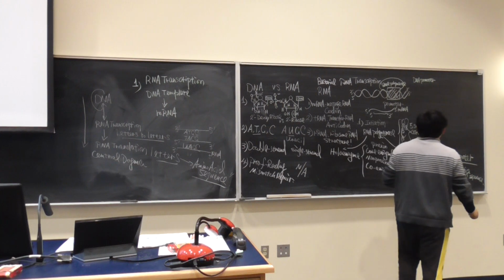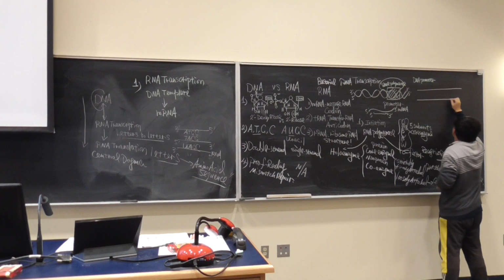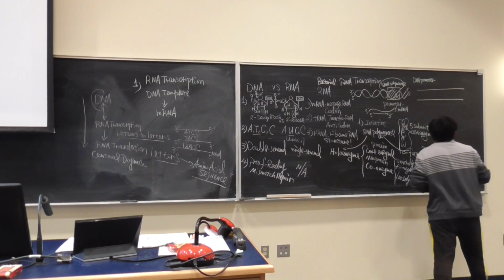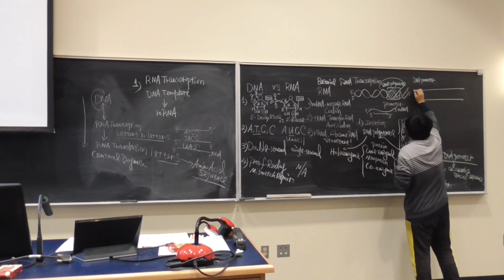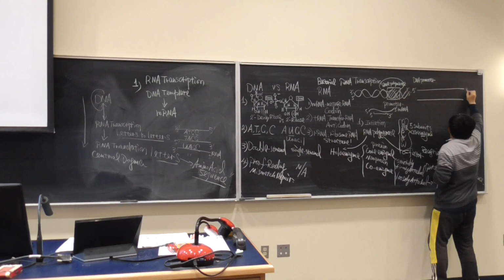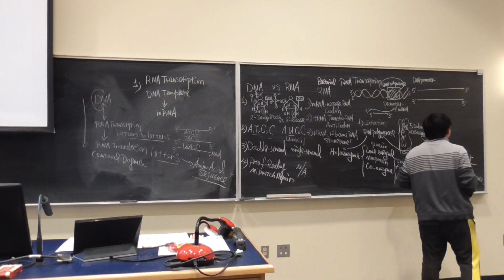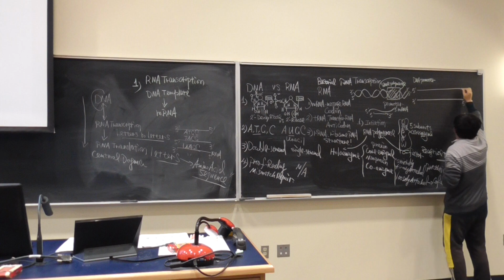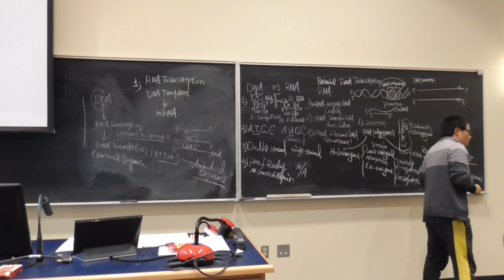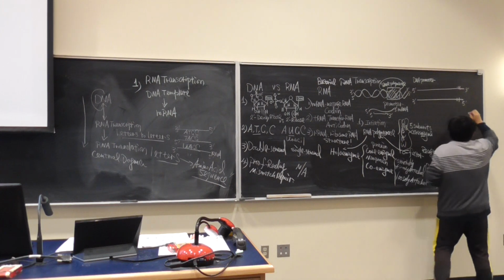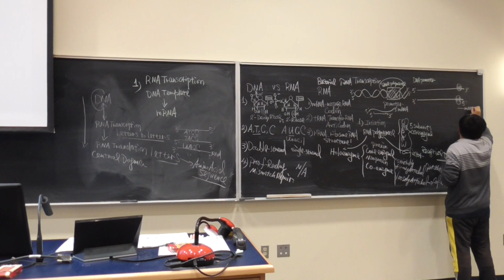Okay, DNA promoter, what does it look like? I have a double strand of DNA, 5 prime to 3 prime, complementary with 3 prime to 5 prime. Let's say the initiation of RNA transcription, I always label +1. This is where the mRNA is going to come.